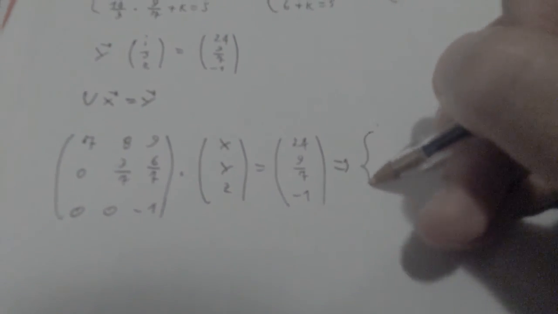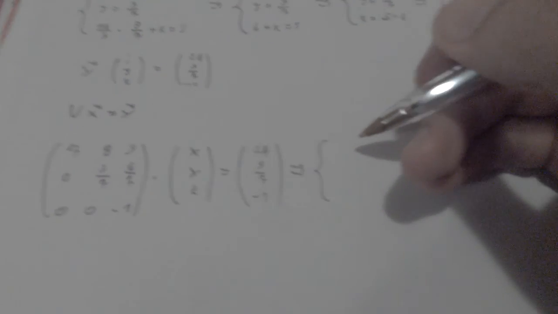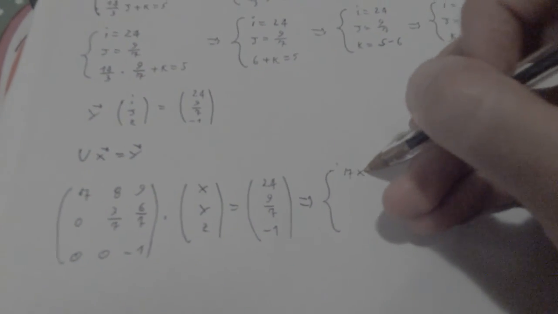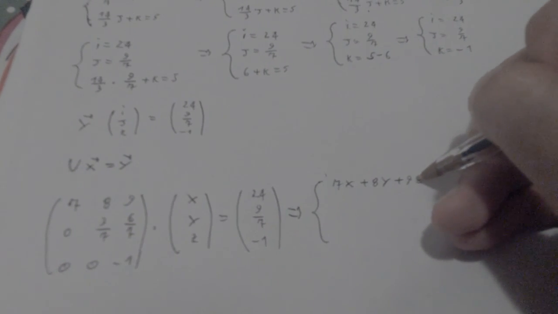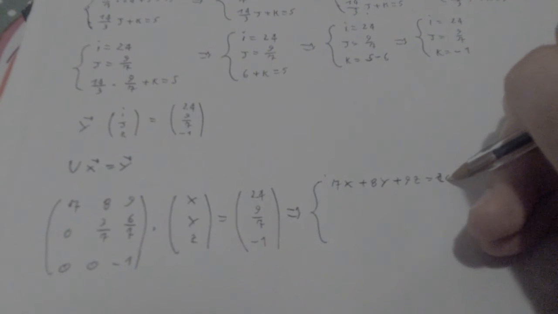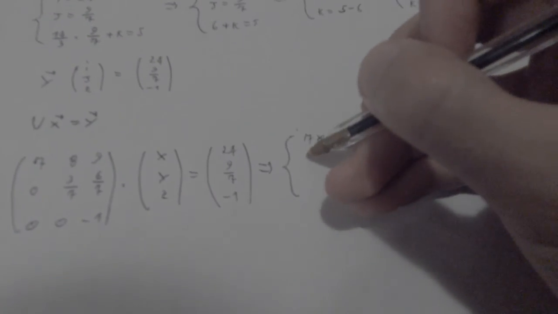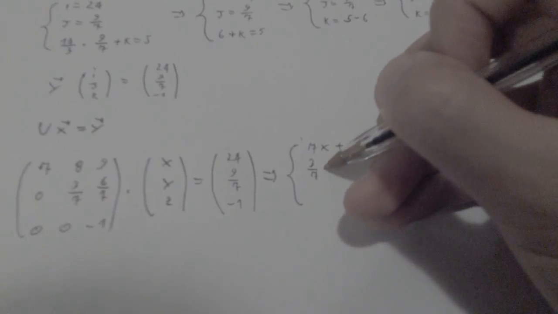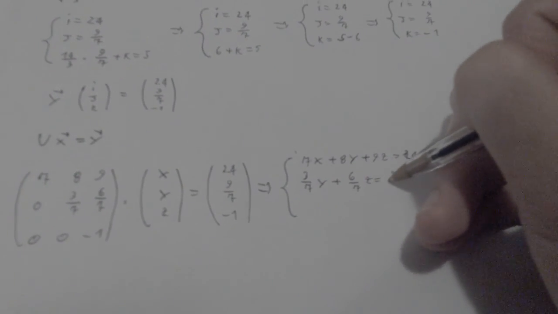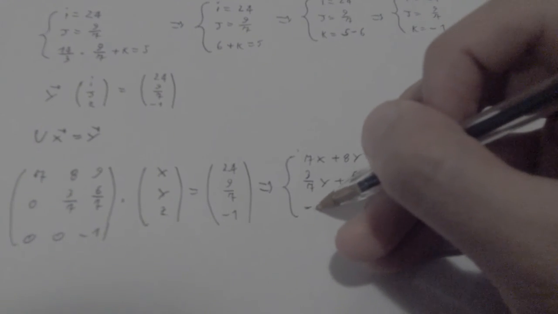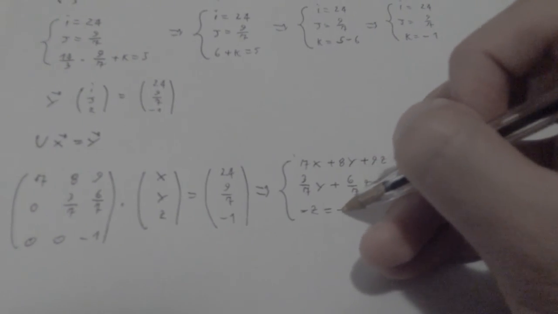Okay, so this is gonna give us this nice system: 7x plus 8y plus 9z equal 24, 3 over 7 y plus 6 over 7 z equal 9 over 7, and then negative z equal to -1.